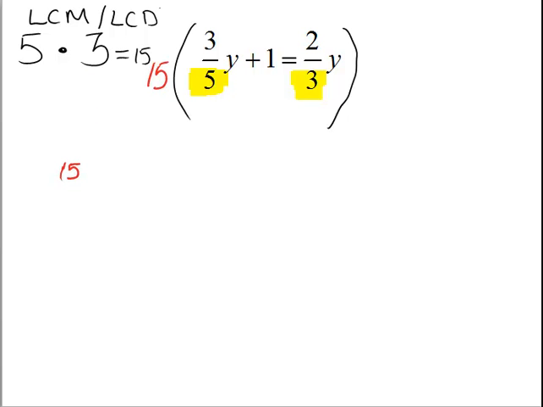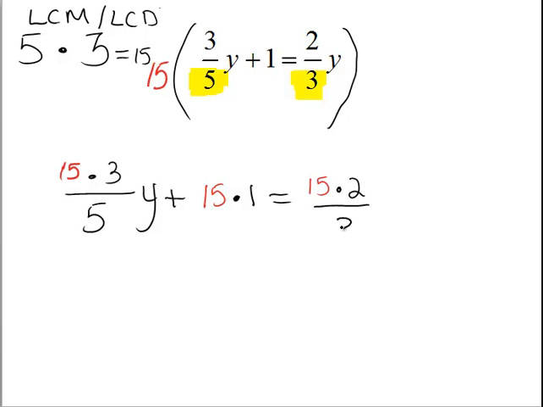Here's 15 times 3 divided by 5y plus, right here, 15 times 1, since we had that 1 there, equal to 15 times 2 divided by 3y.